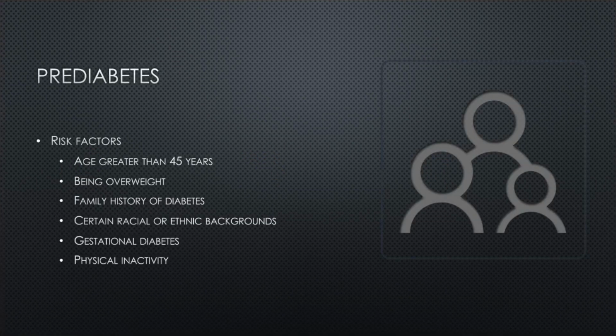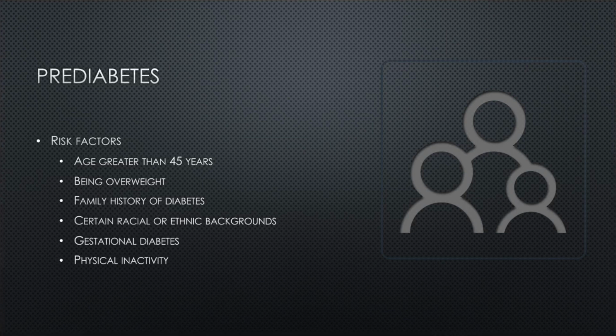Your risk factors of pre-diabetes include age. Of course, if you're older than 45, overweight, there's a family history of diabetes, African Americans, Hispanics, American Indians, Pacific Islanders, and some Asian Americans are at increased risk for prediabetes, as well as people with gestational diabetes or having given birth to a baby who weighed more than 9 pounds at any point, and being physically active fewer than 3 times per week.